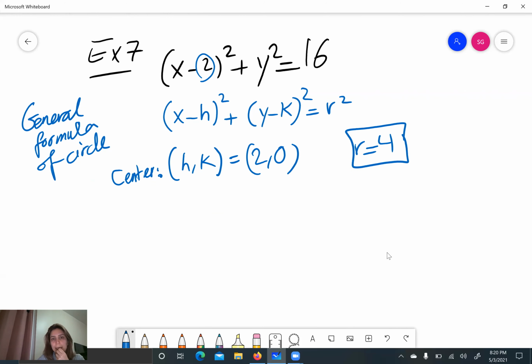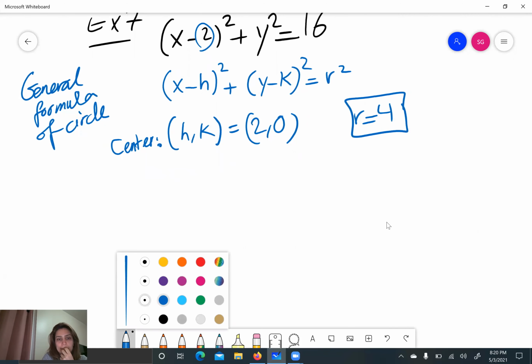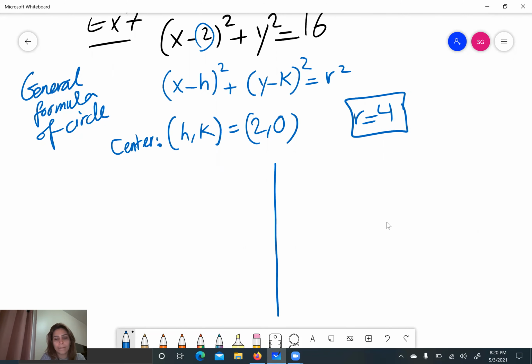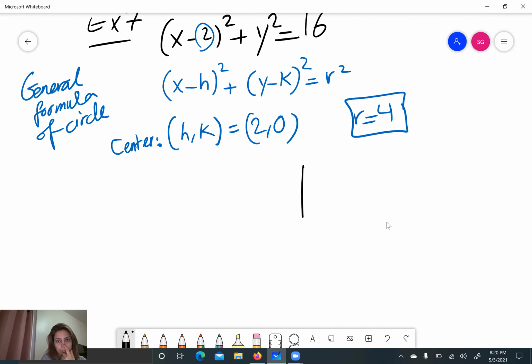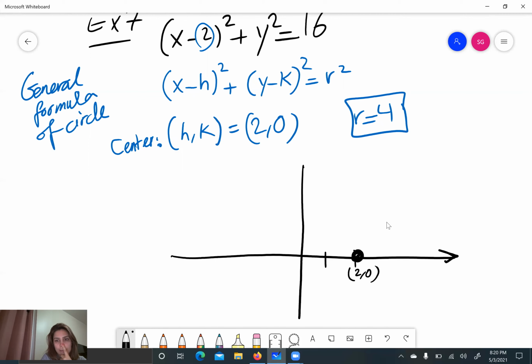Okay, so this is a circle centered at (2, 0). So (2, 0) is the center, right? This is X, Y. The radius is 4. 1, 2, 3, 4.